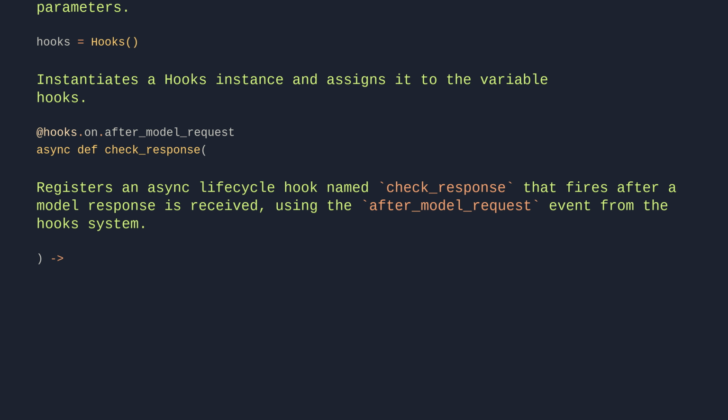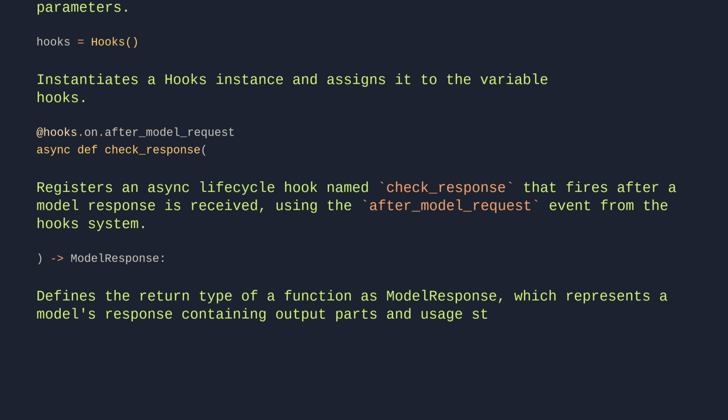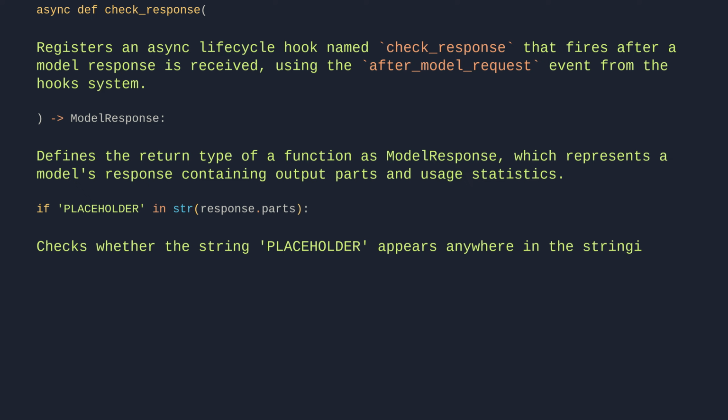ModelResponse defines the return type of the function as ModelResponse, which represents a model's response containing output parts and usage statistics. if 'placeholder' in str(response.parts). Checks whether the string placeholder appears anywhere in the stringified form of response parts. raise ModelRetry('Response contains placeholder text.